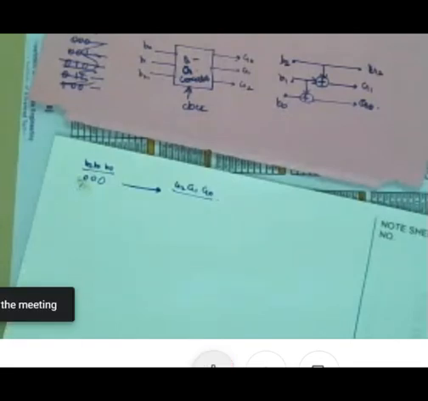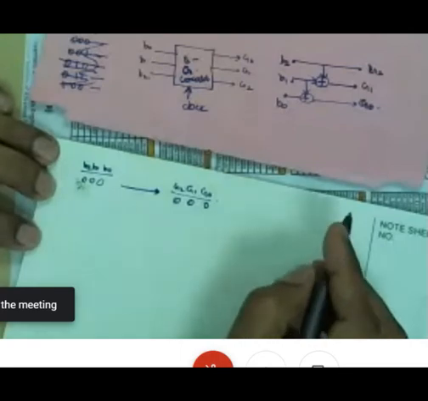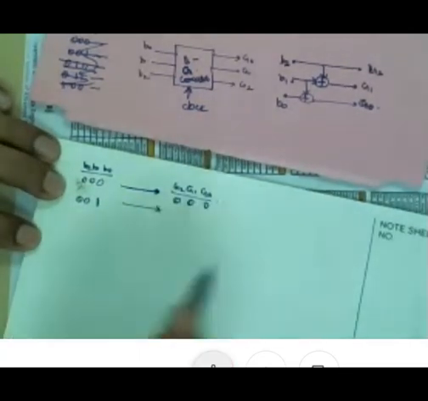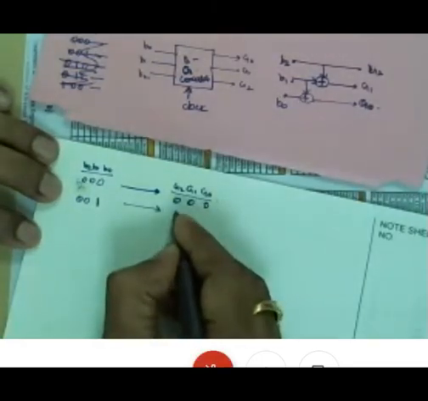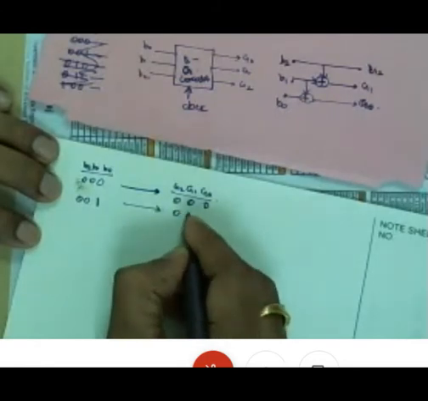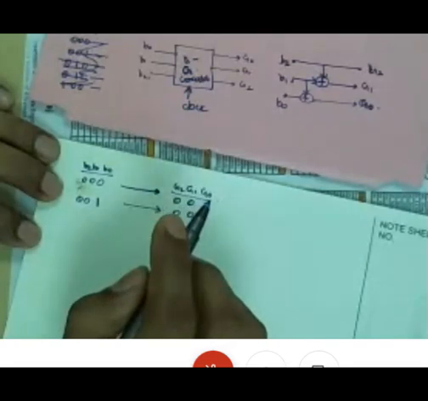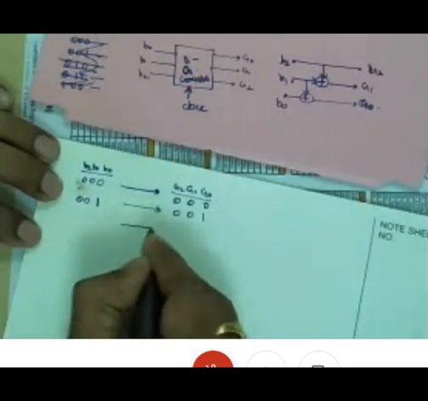If 0, 0, 0 is the input, what will be the gray code? 0, 0, 0 only. If 0, 0, 1 is the input, what will be the gray code now? 0, 0, 1. Right? Like that you calculate first.